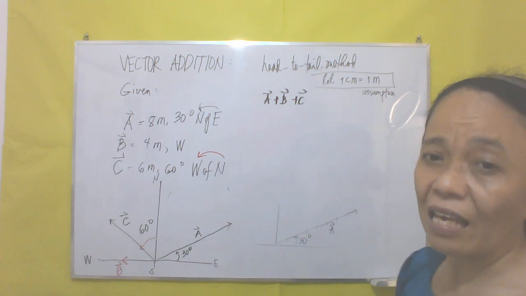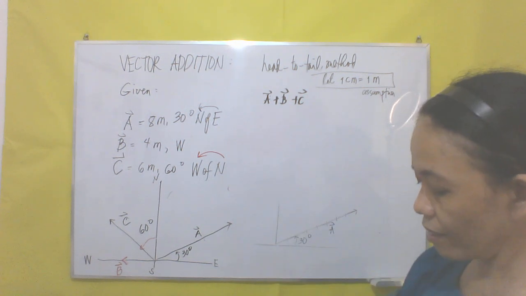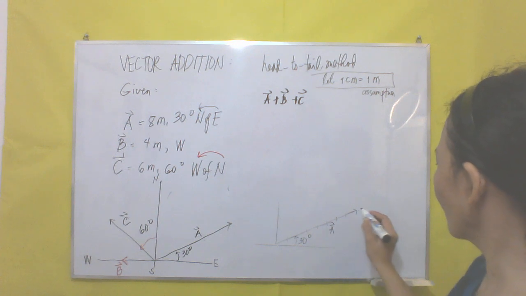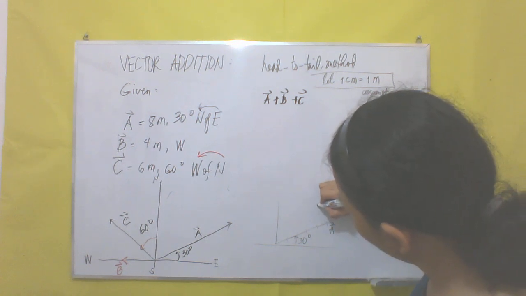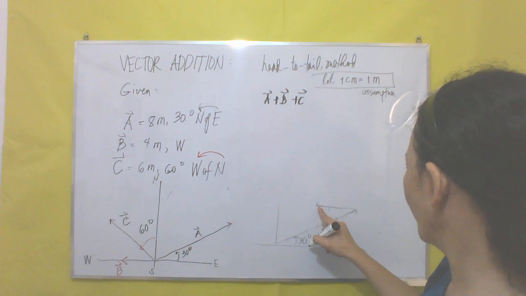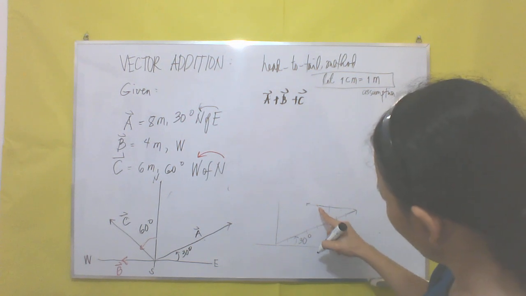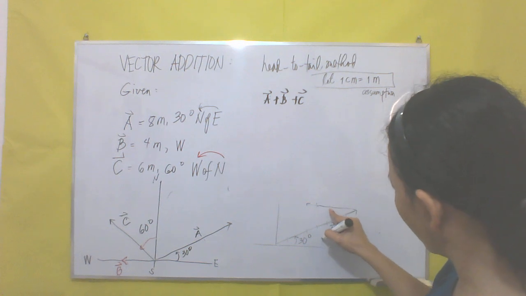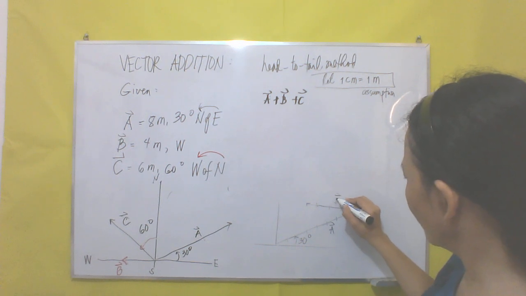Next, vector B, that is 4 scales to the left. So 1, 2, 3, then we have 4. This is vector B.